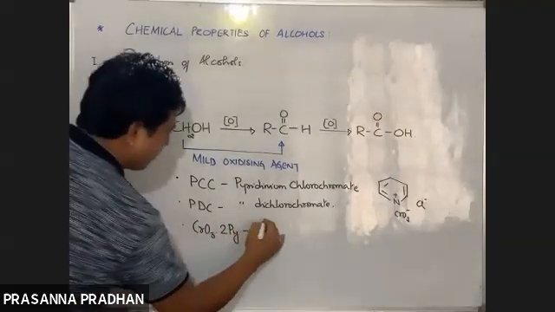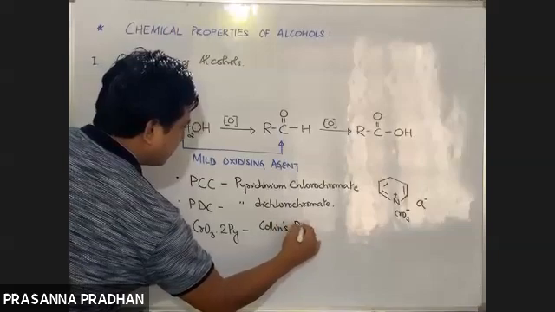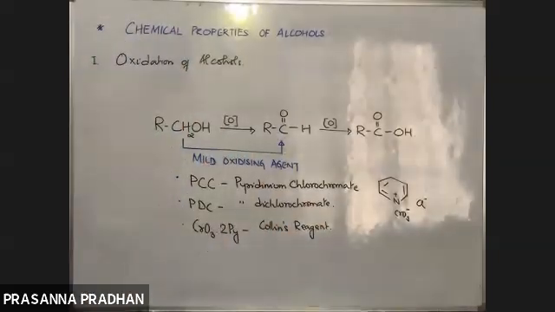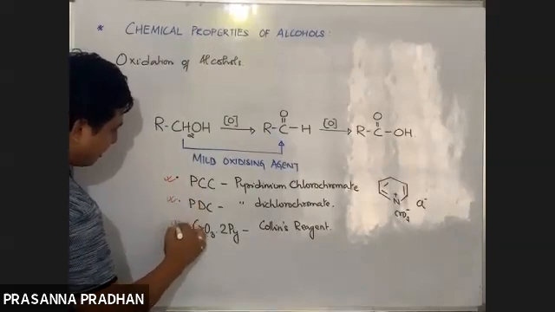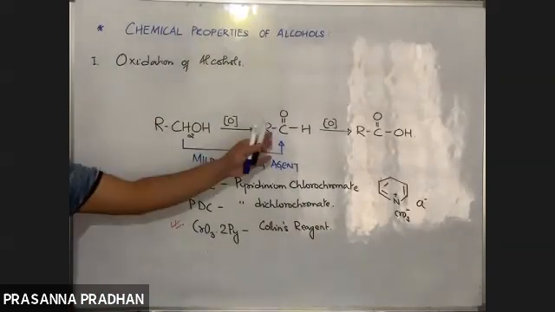This is known as Collins reagent. So these are some of the mild oxidizing agents: PCC, PDC, and Collins reagent. So if I oxidize your 1 degree alcohol with this mild oxidizing agent, then the oxidation stops at the aldehyde stage.